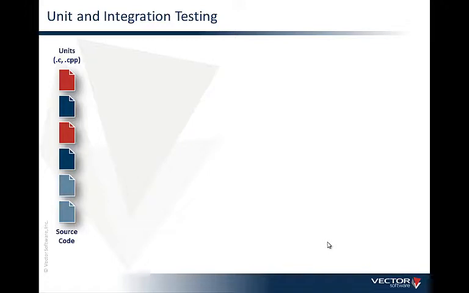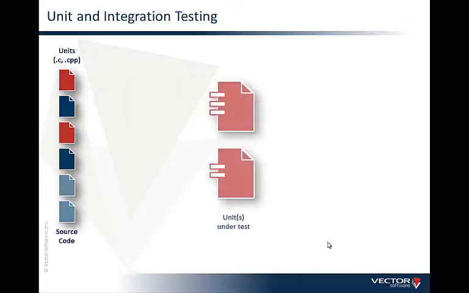Looking at the source files up the left-hand side, the red files are the unit or units, the packages that we want to test. So we select one or more of those, and the white rectangles are the functions or the procedures or the methods that we're going to write test cases for.